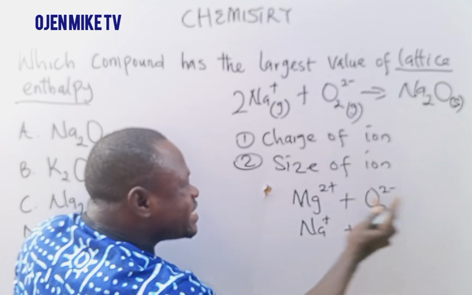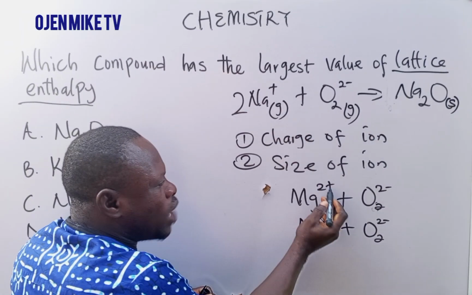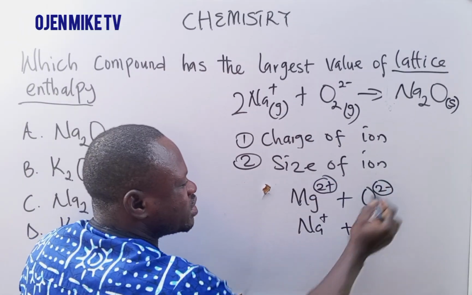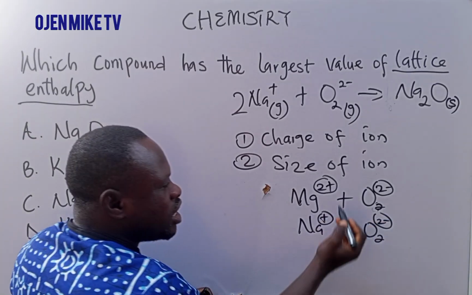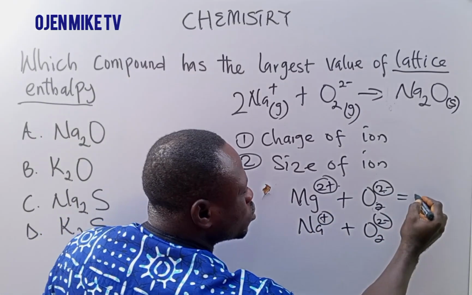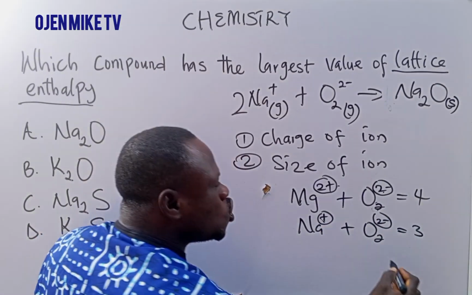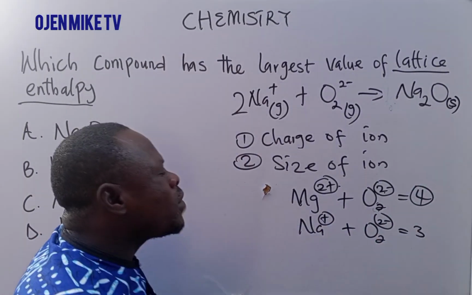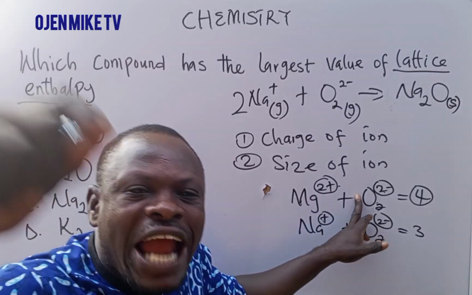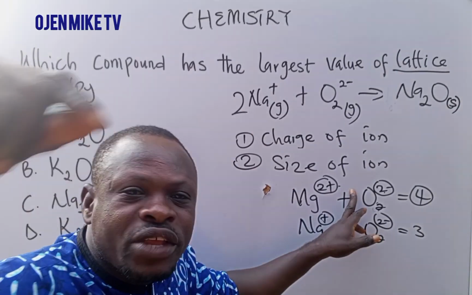Now look at the charges. If you compare the charge of this one, it equals 4, and this one, 1 plus 2, gives us 3. So this one has a higher lattice enthalpy. That is what we mean by the charge of the ion.